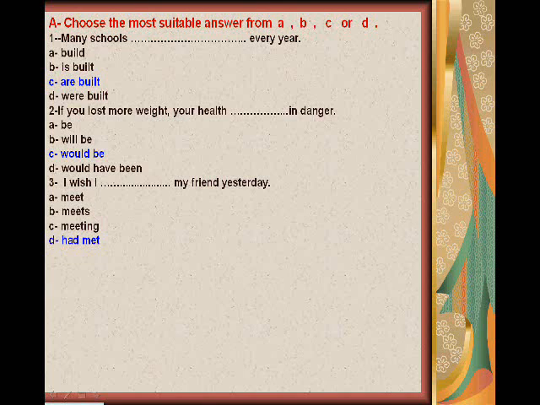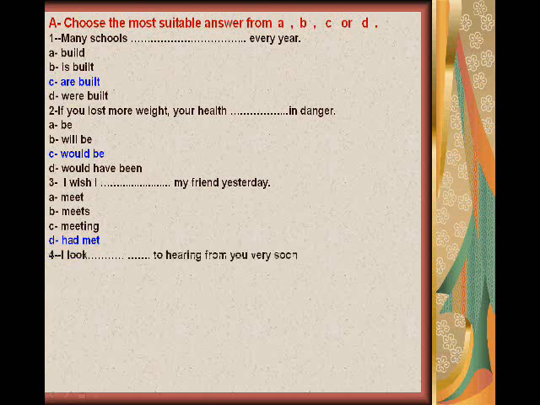So in the exam, even if you don't know which tense or the rule or anything, try to just remove the words which are completely wrong. Then you will find yourself facing the correct answer. So here, I wish I had met my friend yesterday.